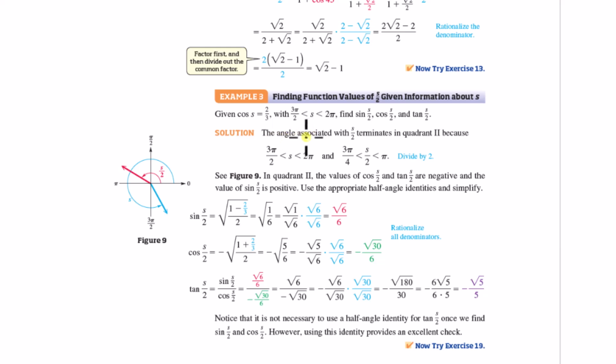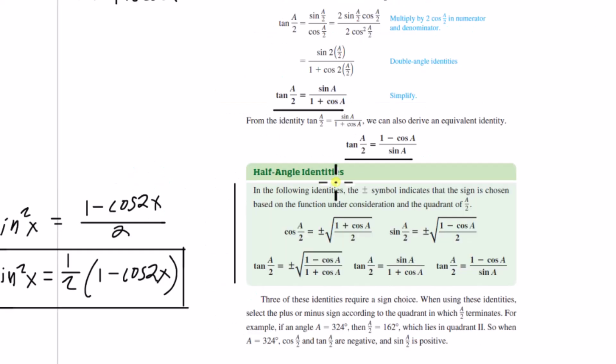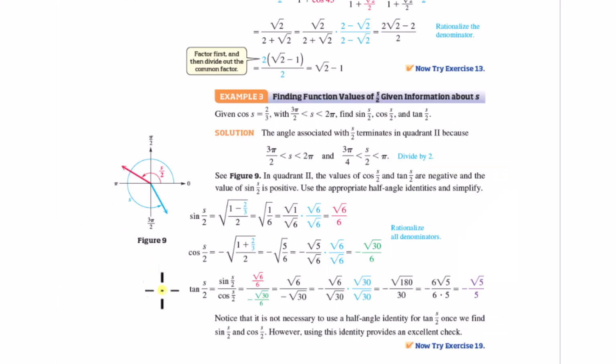We can do that because we know the quadrant of s, so we know the sign. So if we have sine, cosine, and tangent of s, then we can get any of these half angles, cosine of s divided by 2, sine of s divided by 2, etc., because we have cosine of s and sine of s. And that's what they do.